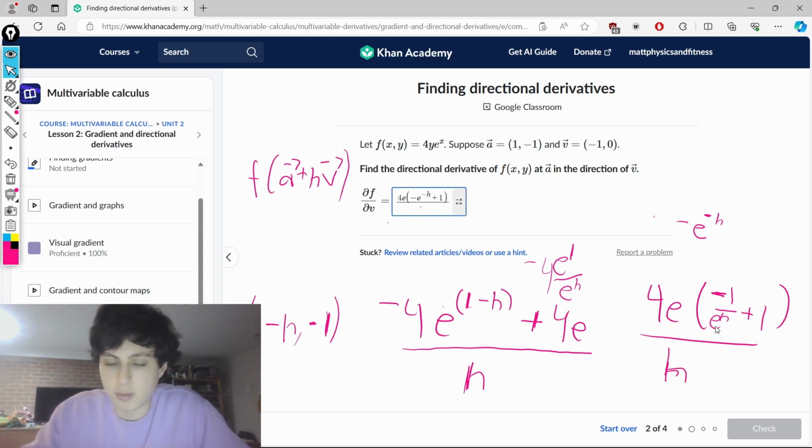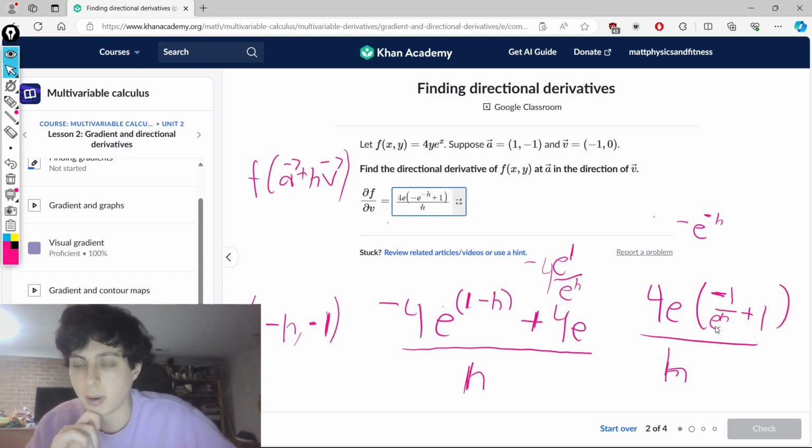Now this is where we're not really supposed to have an h anywhere. Oh, but the h does go to 0. Remember the h goes to 0. I might have been forgetting that. E to the negative h. There has to be an h on the top that cancels out, right? It's usually how it works.